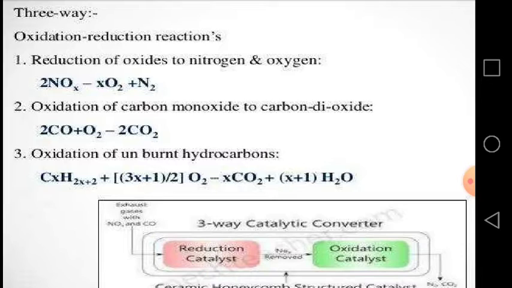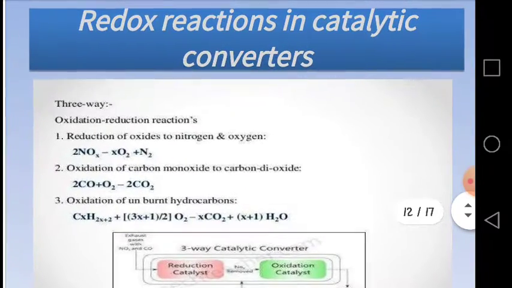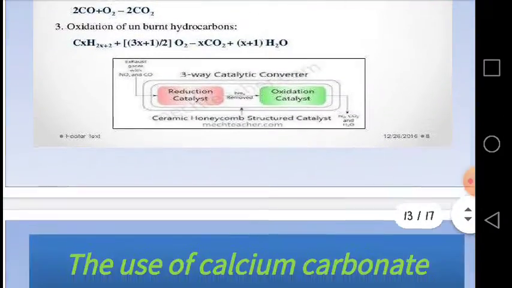In this way, these harmful gases are converted into non-harmful gases like nitrogen, oxygen, and carbon dioxide, which is less harmful, and basically it is used by plants for photosynthesis, so its quantity is not going to exceed in the atmosphere. So redox reactions in catalytic converters are very useful for reducing the pollutants in the atmosphere.